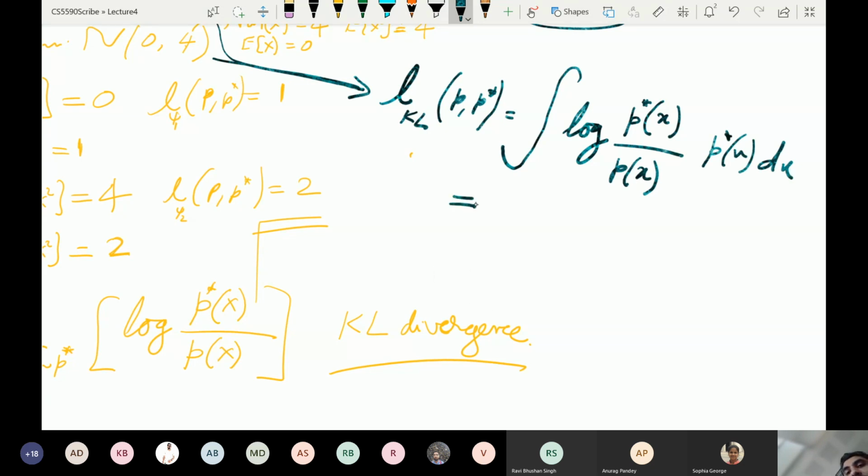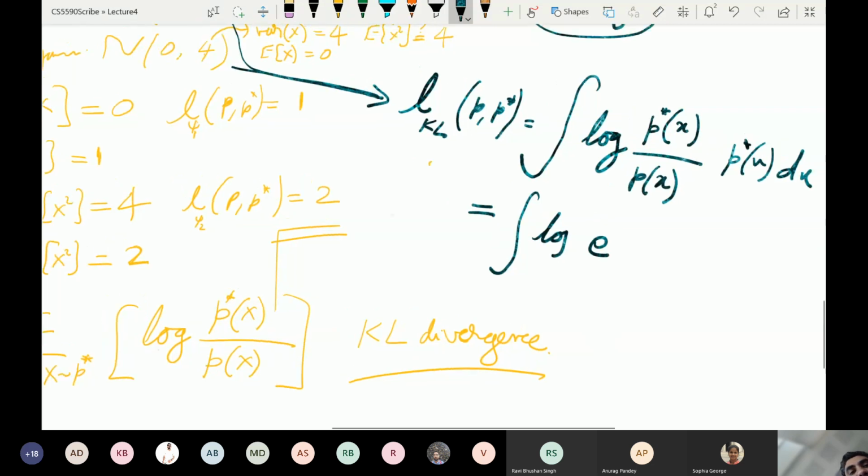Okay, now this is a complicated thing, right? So this will be basically what? Log of e to the power of, so what is the density function for p star?